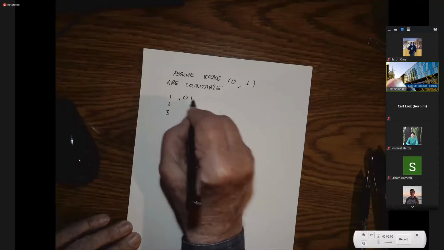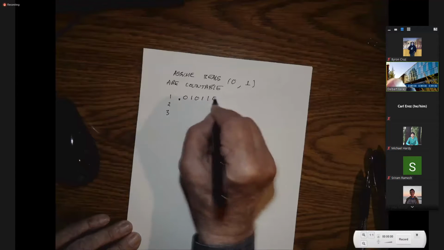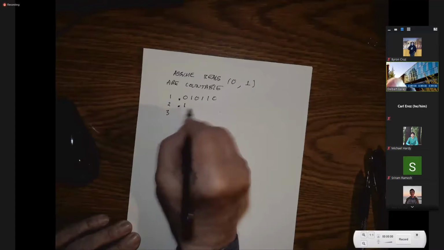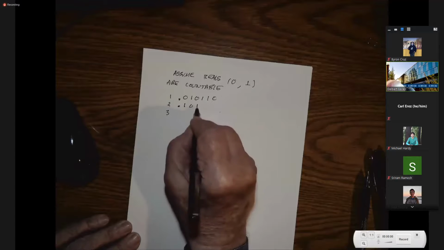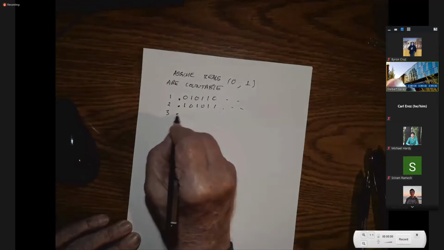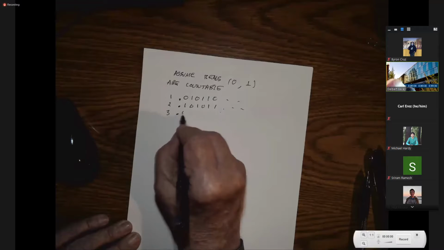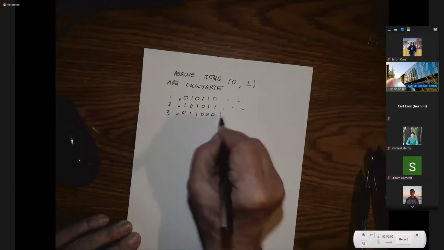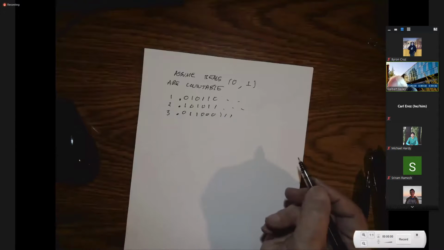Like maybe this 1 0 1 1 1 0, etc. And then the next one is maybe 1 0 1 0 1 1, etc., etc. And so maybe the third one is 0 1 1 0 0 0 1 1 1, etc.